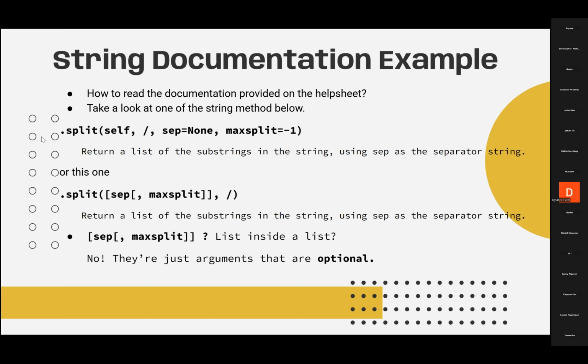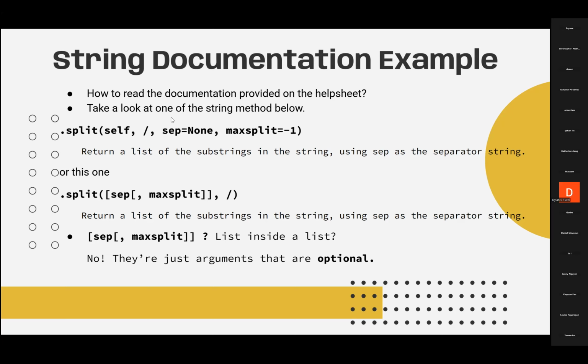So you can just call your string dot split, and you don't need to provide the self, because self is just a keyword to refer to itself, to refer to the string. And this slash, you can just ignore.